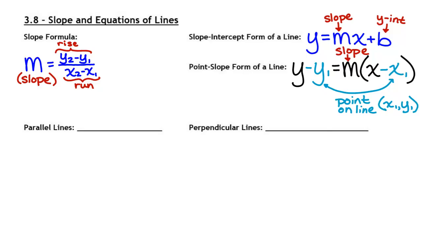We will use this form of the linear equation, again, when we know what the slope is and we know a single point on the line. We will use the slope-intercept form of the line if we know the slope and the y-intercept. The bottom one is when we know a different point other than the y-intercept.